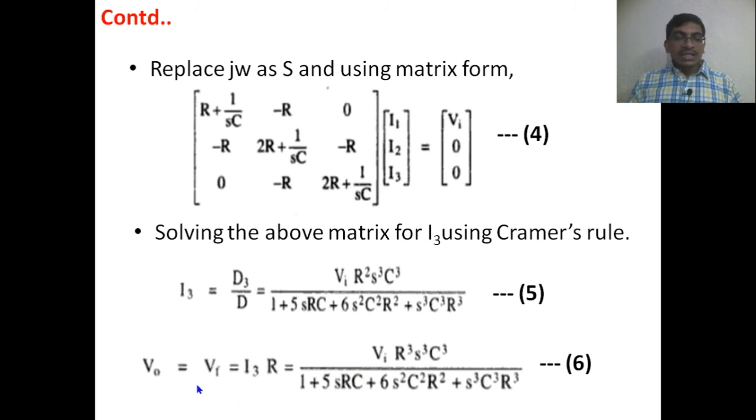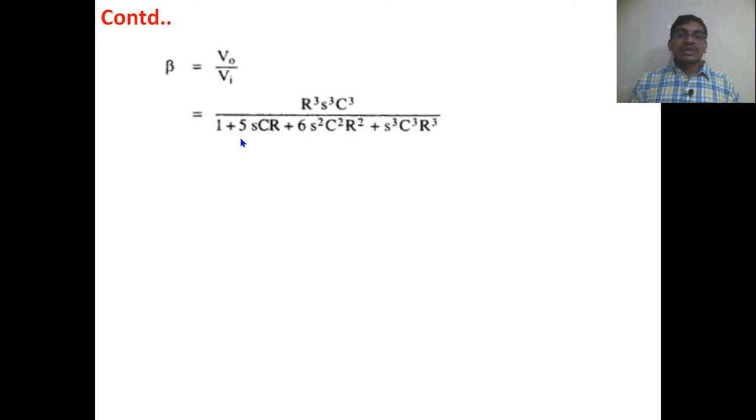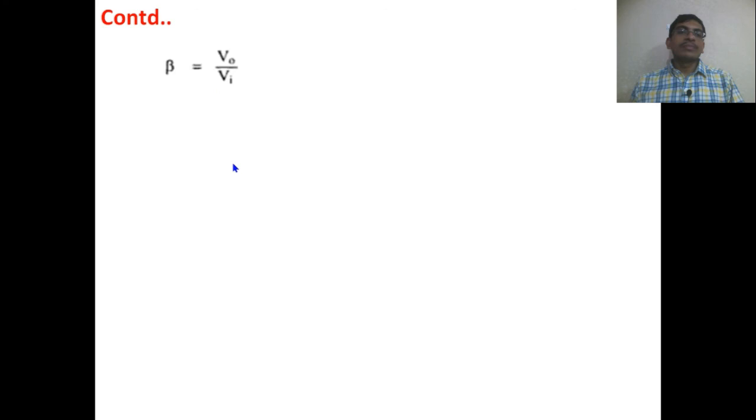So we got the output voltage equation. Now beta is the gain of the feedback network, which is output voltage divided by the input voltage. So already we have V naught on the left hand side in the last equation. Then we can take this Vi to the left hand side in order to get the value of beta.